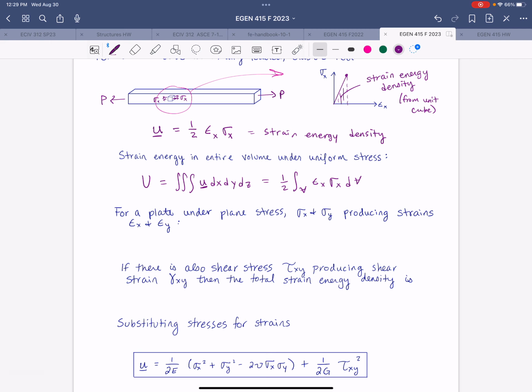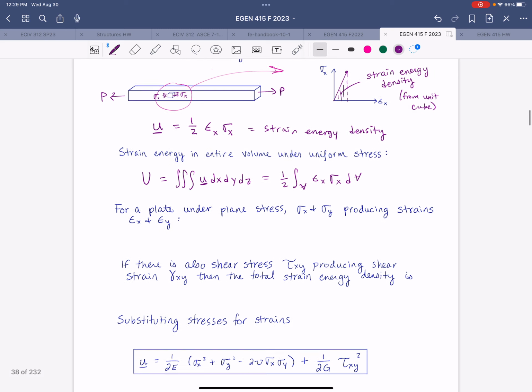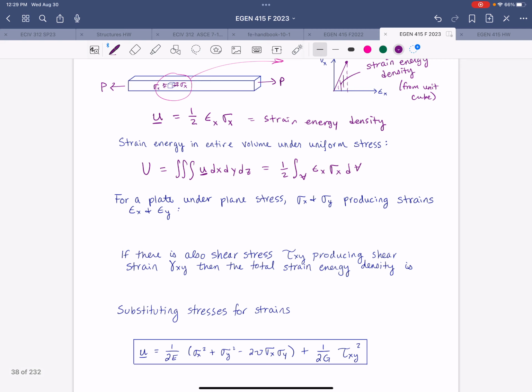So if we simplify this consideration to a plate that's under plane stress, then normal stresses in x and y would generate normal strains in x and y. And the strain energy density in this scenario would be equal to 1/2 normal strain in x times sigma x plus 1/2 normal strain in y times sigma y.